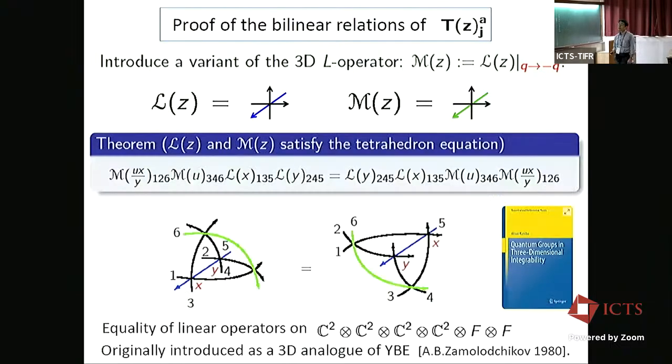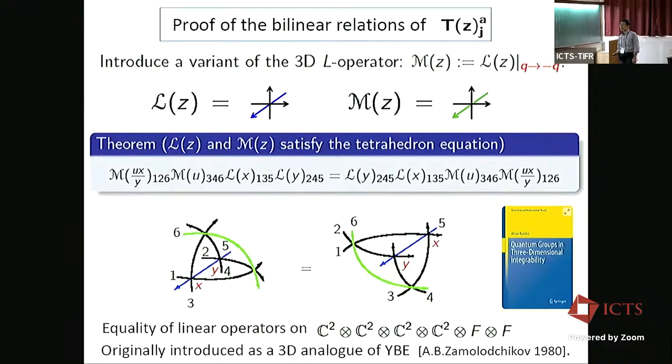And now it turned out that they satisfy the tetrahedron equation, which looks like this. It's the equality of linear operators on this space. You see the indices run from 1 to 6: 1, 2, 3, 4, 5, 6. 1 to 4 are the C2, which correspond to the black arrows.